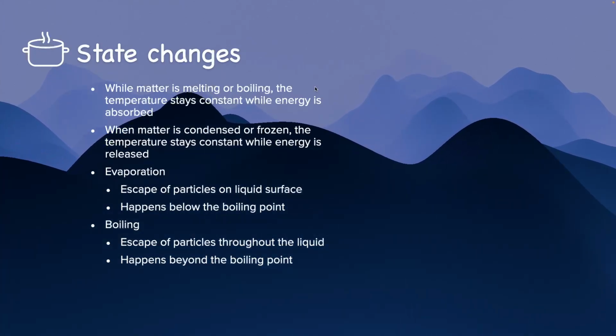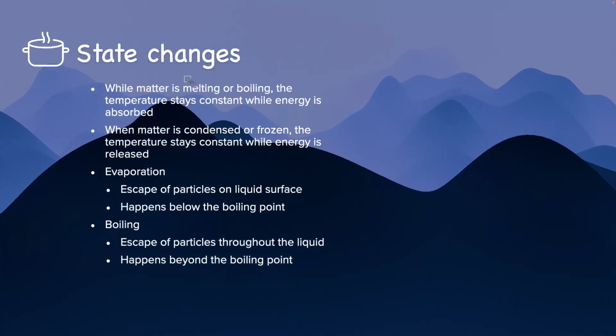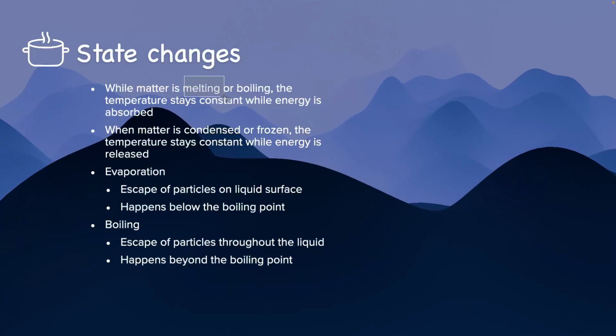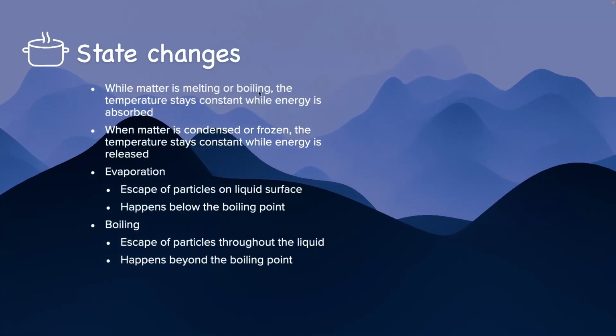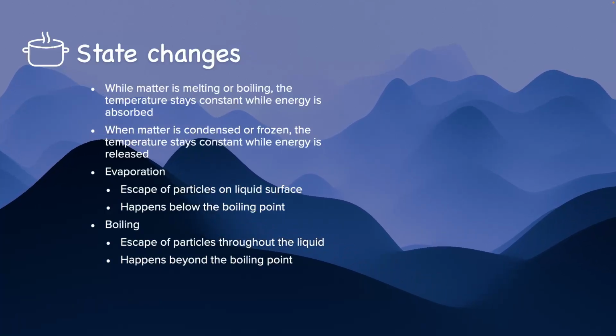Okay, so this is how states change. When you're heating an object, it undergoes melting, which is solid to liquid, or boiling, which is liquid to gas. This is where the temperature stays constant while energy is absorbed.